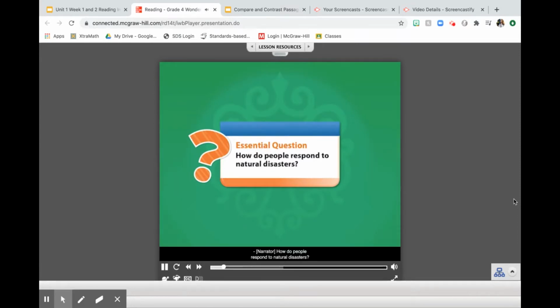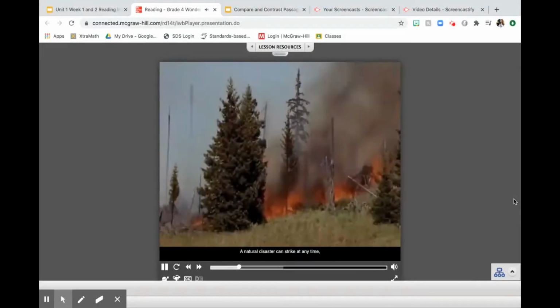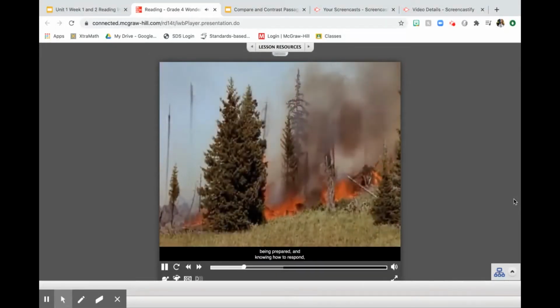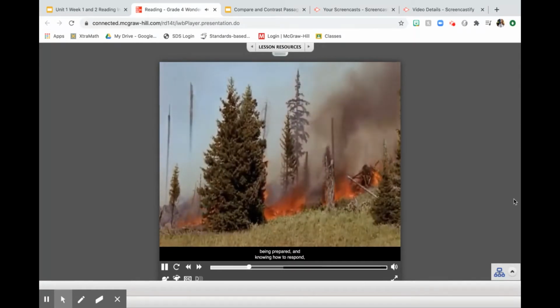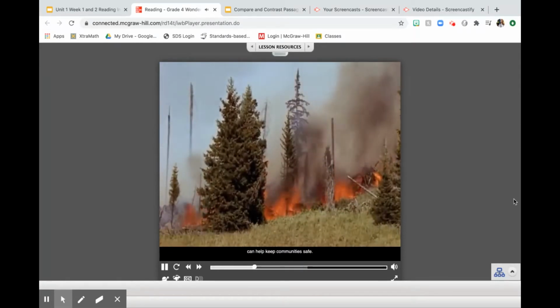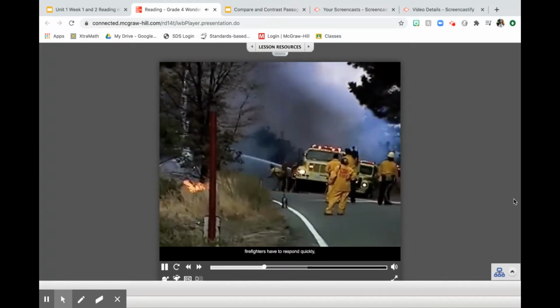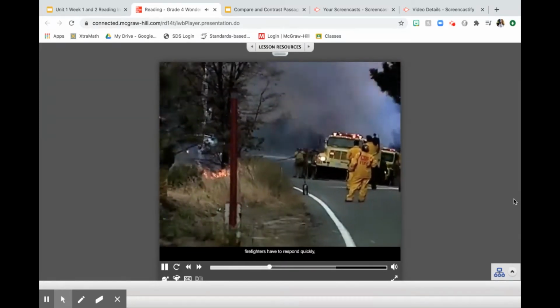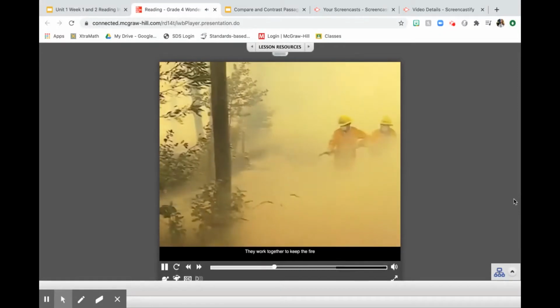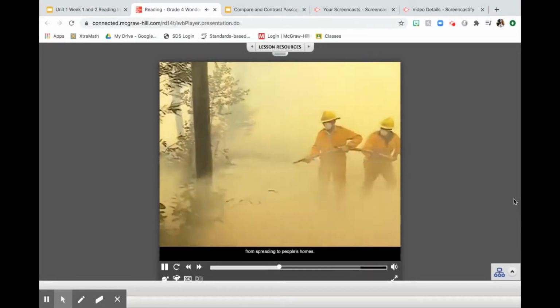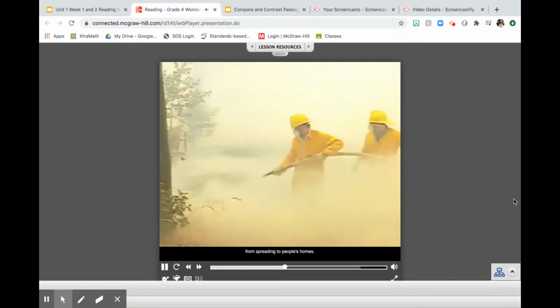How do people respond to natural disasters? A natural disaster can strike at any time. Being prepared and knowing how to respond can help keep communities safe. When a forest fire breaks out, firefighters have to respond quickly to get it under control. They work together to keep the fire from spreading to people's homes.